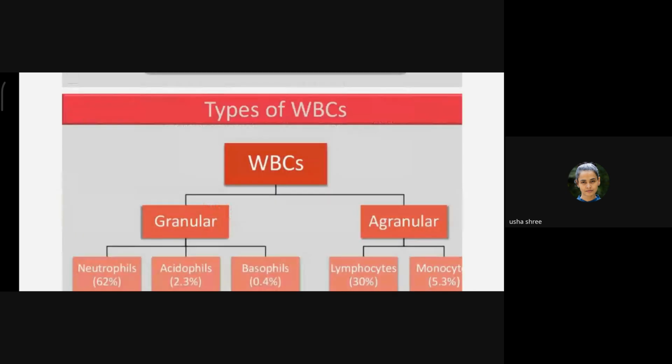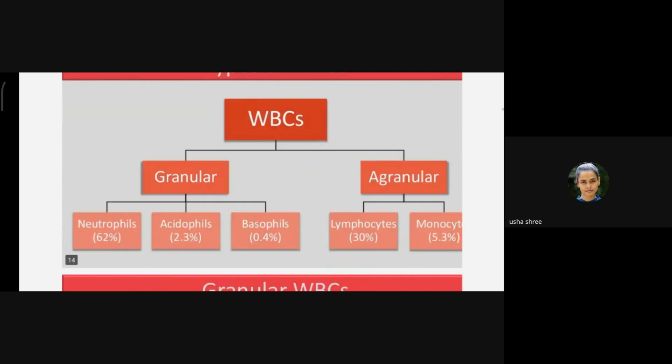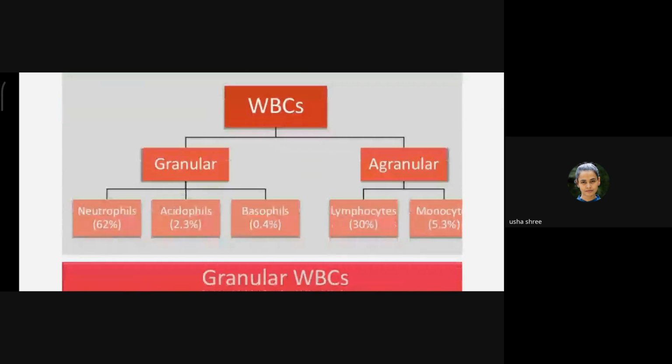Now, types of WBC are granular and agranular. These are not so important for you, but just for information. See this slide. Granular is further divided into neutrophils, acidophils, and basophils. And agranular are further divided into lymphocytes and monocytes.